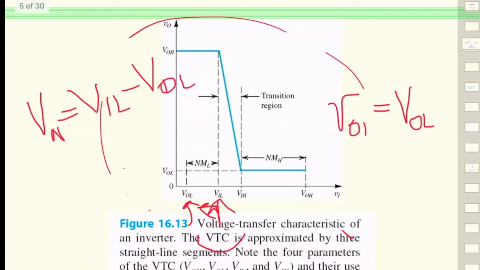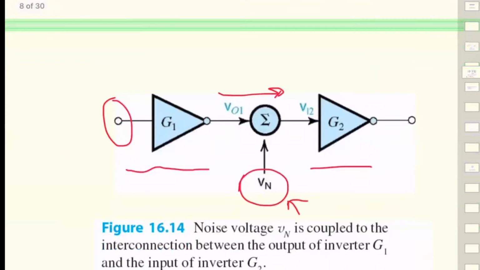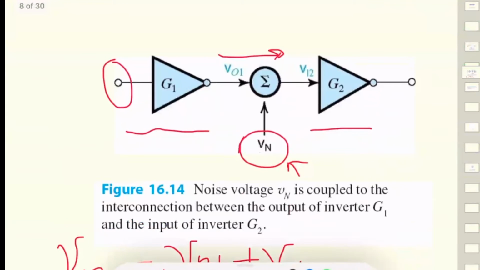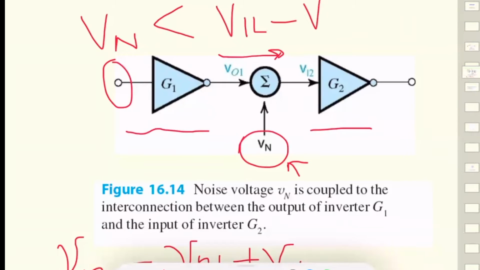So the noise that is coming from the system, G2 can continue functioning properly as long as Vn is as high as VIL minus VOL from that transfer characteristics.